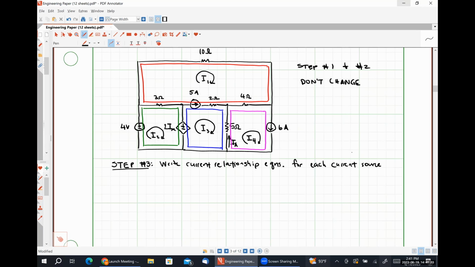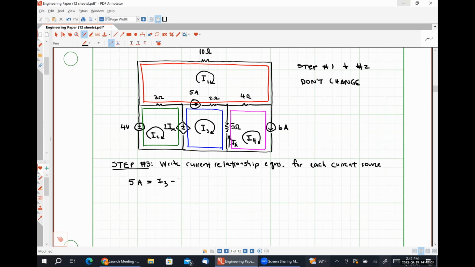So the first one I'm going to write is for my 5 amp source. So the 5 amp source is in between mesh 1 and mesh 3. Since mesh current 3 is flowing in the same direction when it flows through that middle branch of the circuit, we're going to have positive I3, and I1 is flowing in the opposite direction as indicated by the 5 amp source.